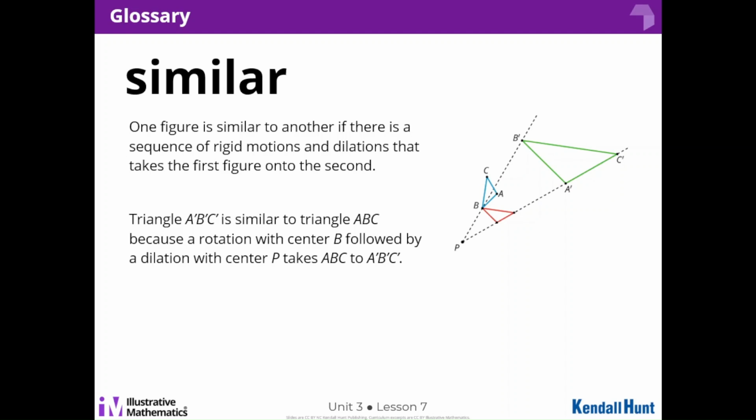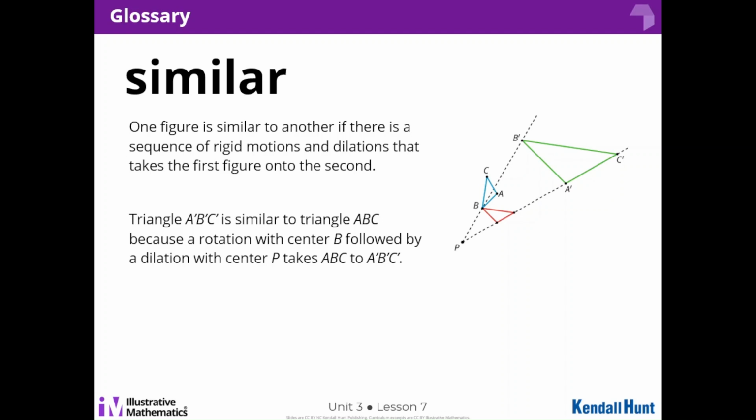Because a rotation with center B, so that turns the blue triangle into the red triangle, followed by a dilation with center P takes ABC to A prime, B prime, C prime.